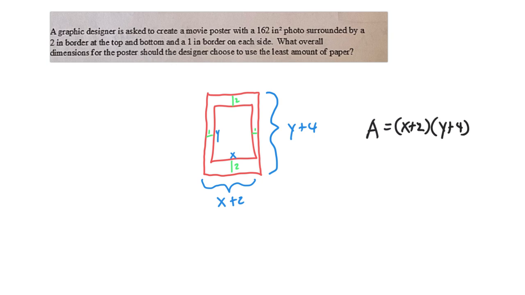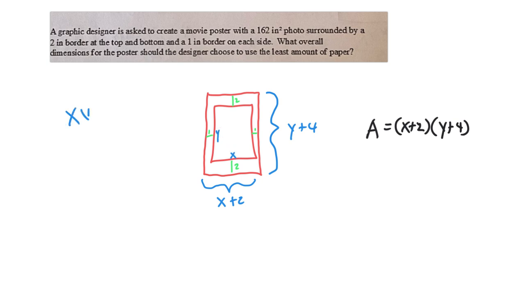But we have two variables. We would, of course, take the derivative of this, set it equal to 0, and then solve for some variable. But we have two variables. So, rule of thumb, try to make it so that there's only one variable. And the other equation we could take into account is the fact that we know x times y.